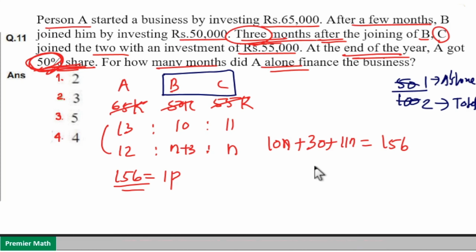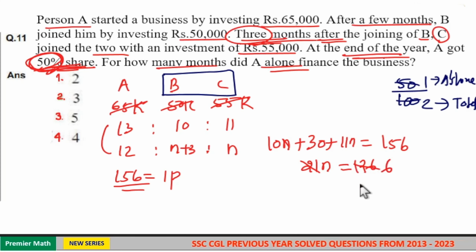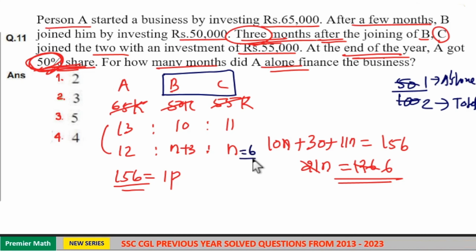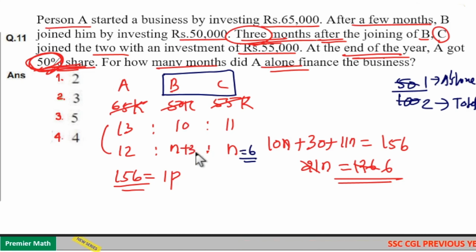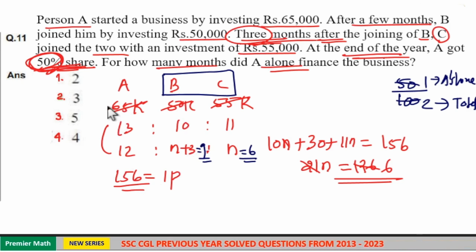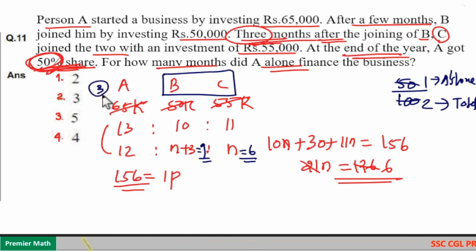So 11n plus 10n is 21n. 21n is equal to 156 minus 30, 126. So 21 goes 6 times in 126, which means n is equal to 6. C invested for 6 months, then B invested for 6 plus 3, 9 months. Which means A alone invested for 3 months. So option 2 is your answer.